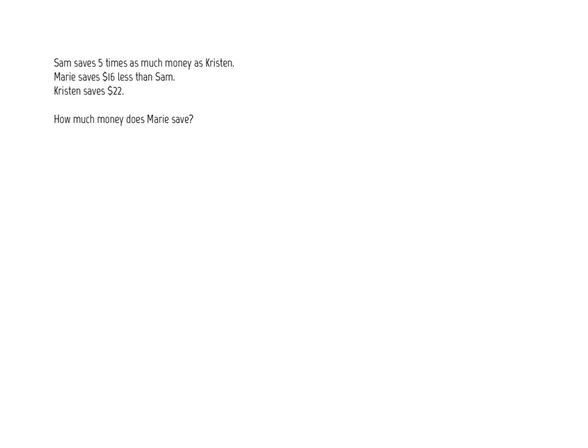And finally here we have maybe the more complicated type of bar modeling problem that we'll see that is mixing multiplication and another operation. So if we have Sam saves 5 times as much money as Kristen, right away I'm going to start with my model where I have Kristen is my single unit and Sam is 5 times that. Okay.